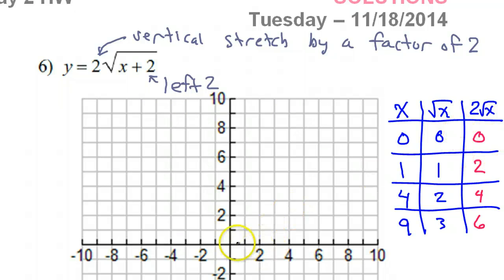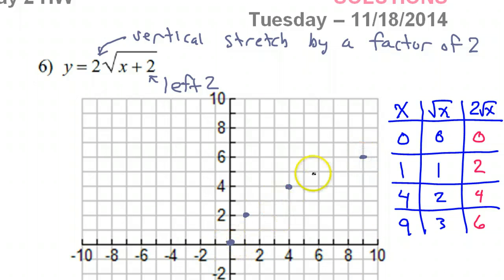Alright, so let's do the skeleton of 0. Okay, so 0, and then we have 1, 2, and then we have 4, 4, and we have 9, 6.